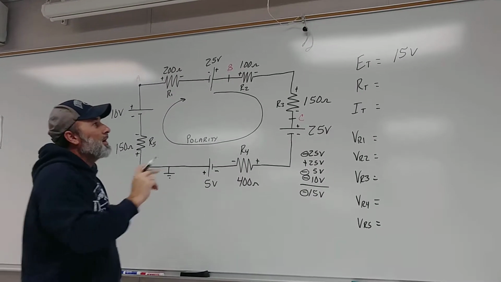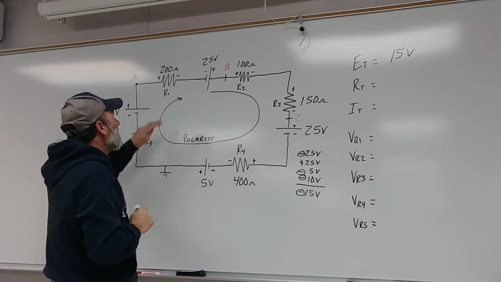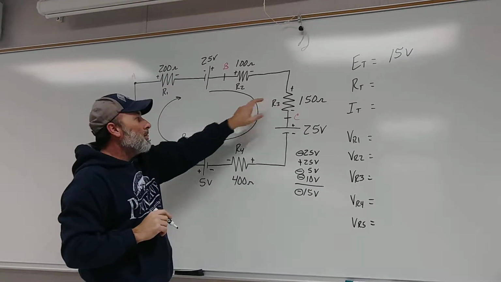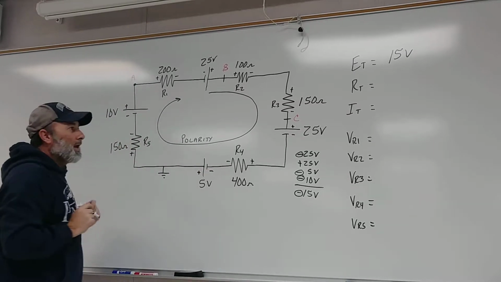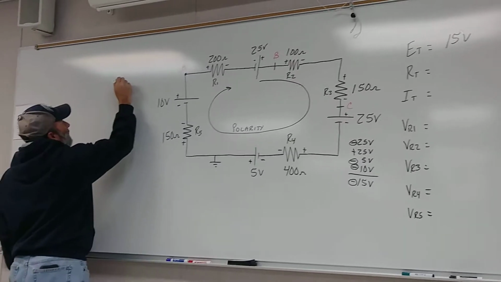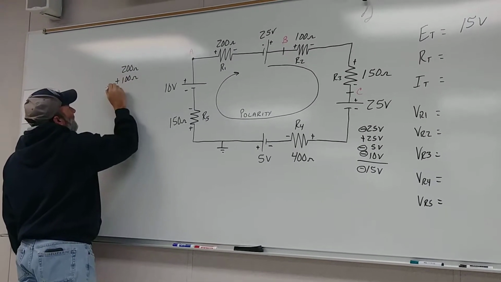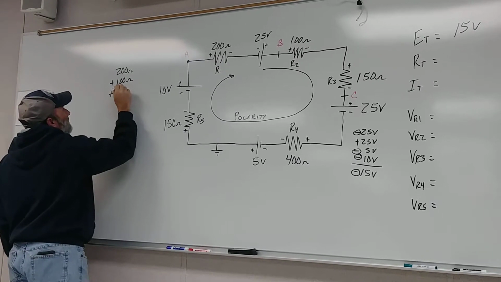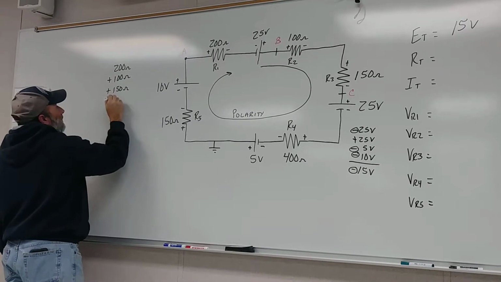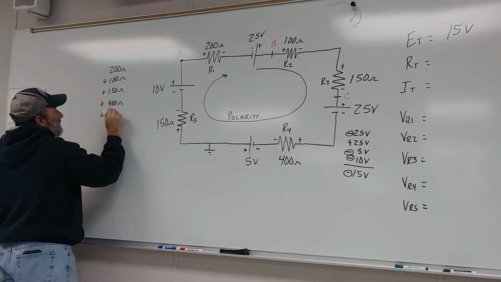So now we need to find our R total. Well, how do we find R total in a series circuit? We simply add up all the resistor values in the circuit, and that gives us our R total. So we have 200 ohms plus 100 ohms plus 150 ohms plus 400 ohms plus 150 ohms.